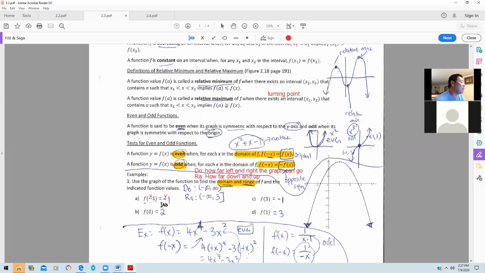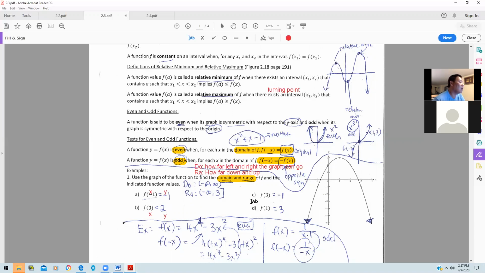So f of -1 is -1. For this case, x is 0. When x is exactly 0, y in this case will be 2. So this is not too difficult when you read a graph using f of 3, f of 1, and so on.